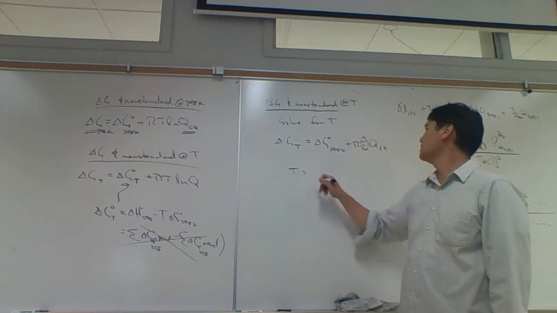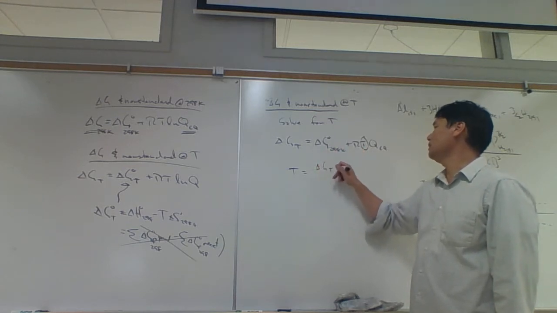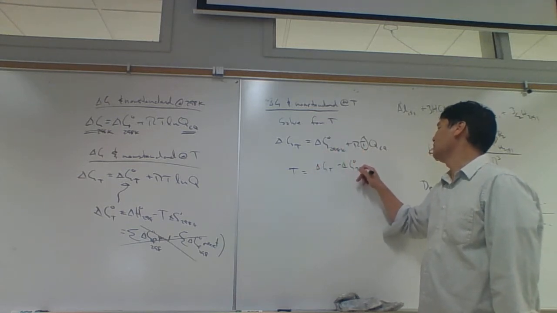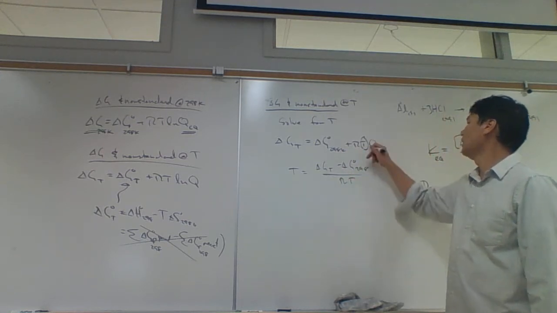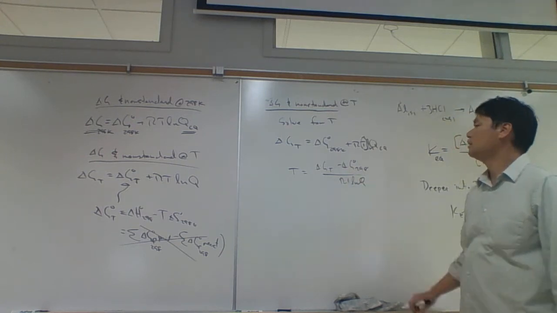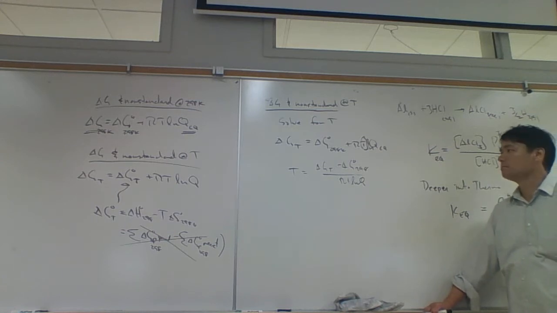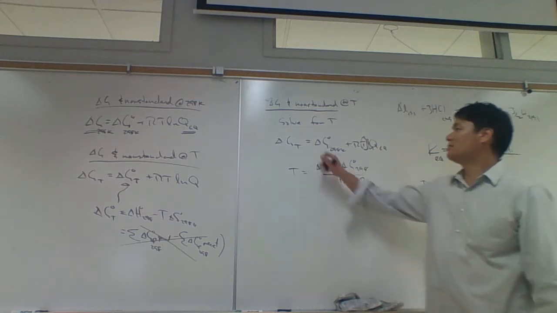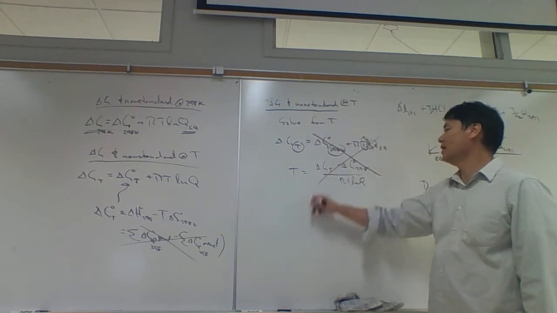So T is equal to, let's see, this would be delta G at T minus delta G naught at 298 over R ln Q. Does that work? No, that doesn't work because these T's aren't matched, so this is not going to work.